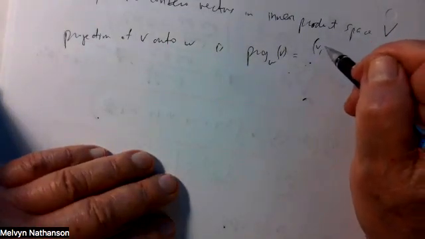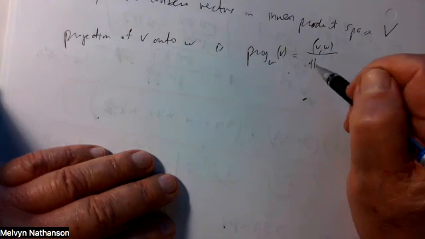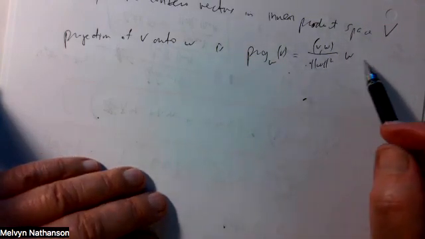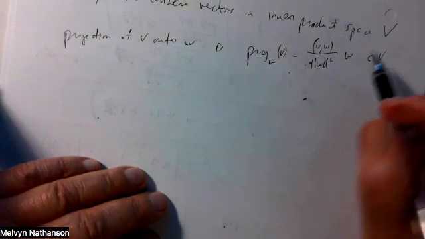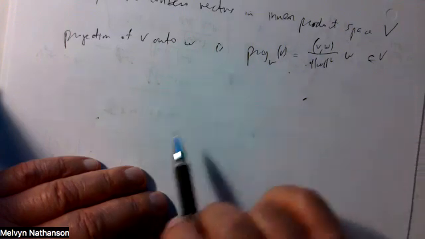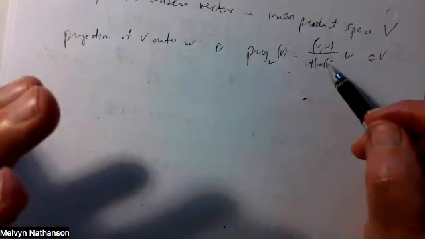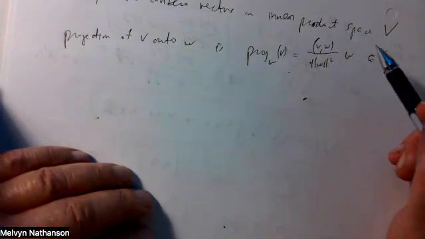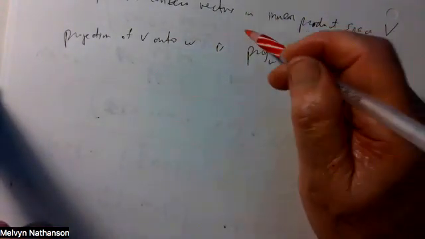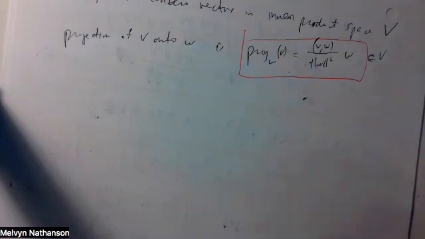It's the inner product of V and W divided by the length of W squared times the vector W. So this is a vector. It's a vector parallel to the vector W because it's some scalar multiple of it. Could be zero, positive or negative. But that's the definition of the projection of one vector onto another.